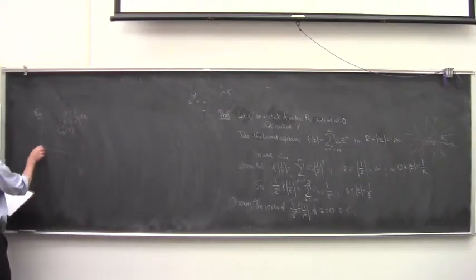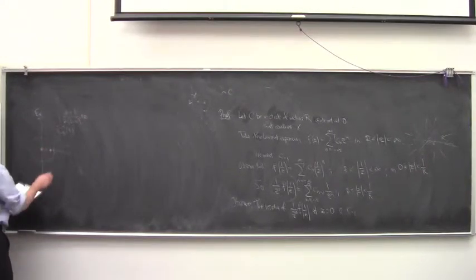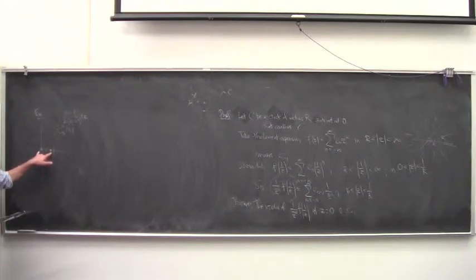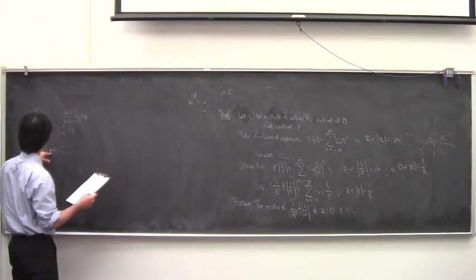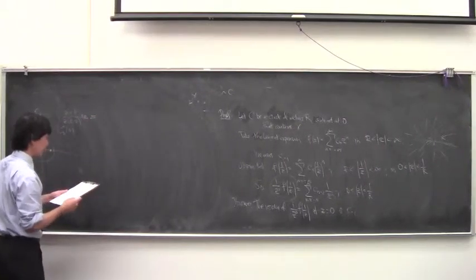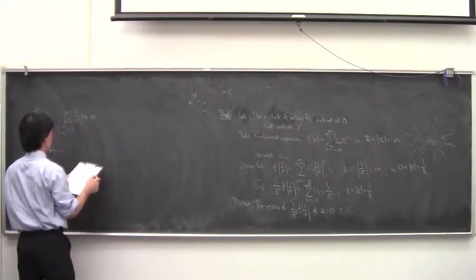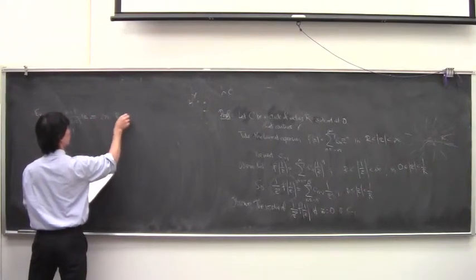So again, we're integrating around a circle. We have these two poles, and maybe there are many poles, but in this example, there are only two. So what we need to do is find the, this is going to be 2 pi i times the residue at infinity, right?